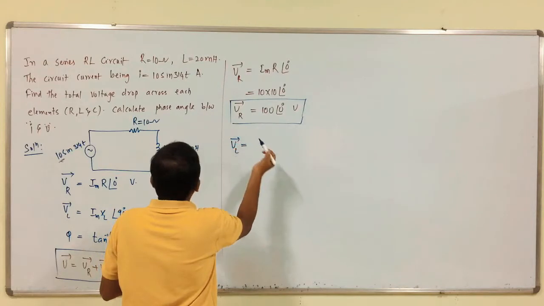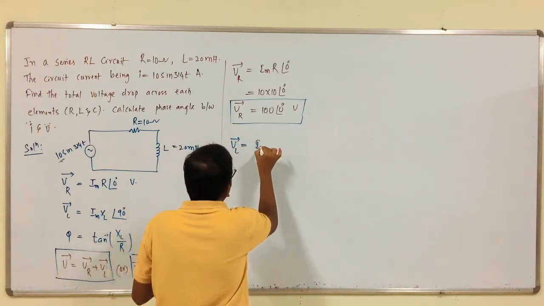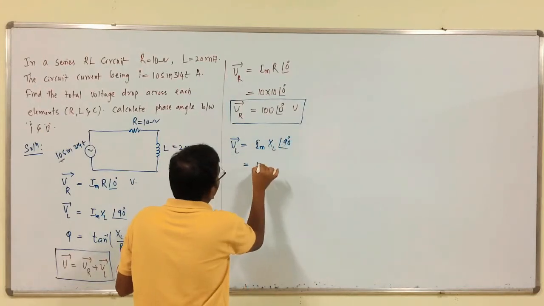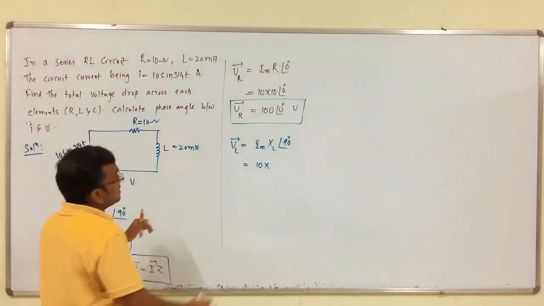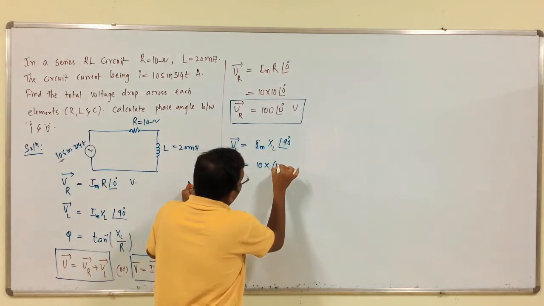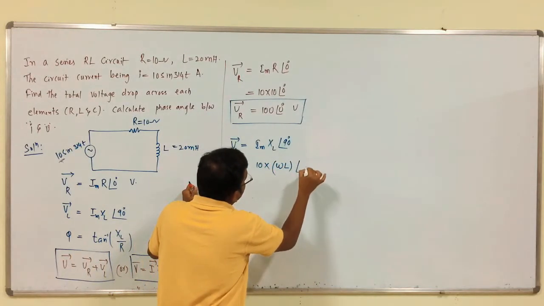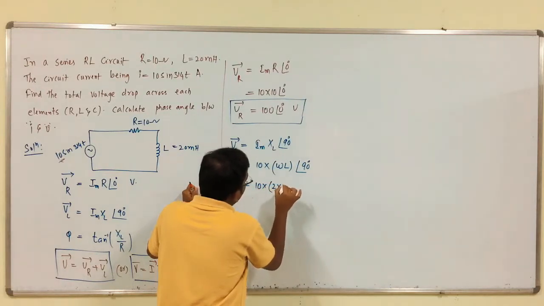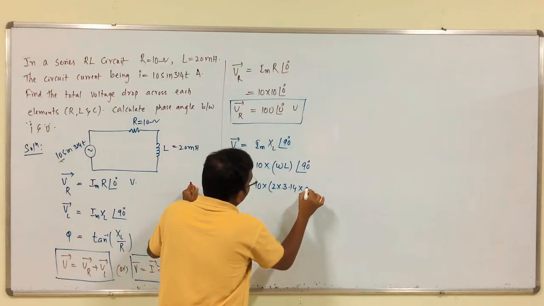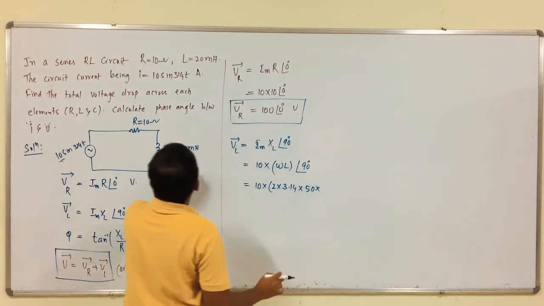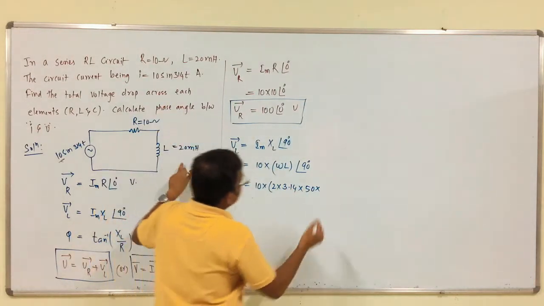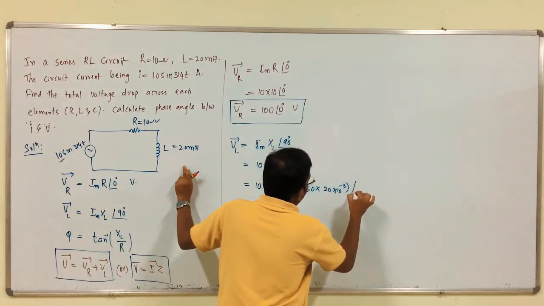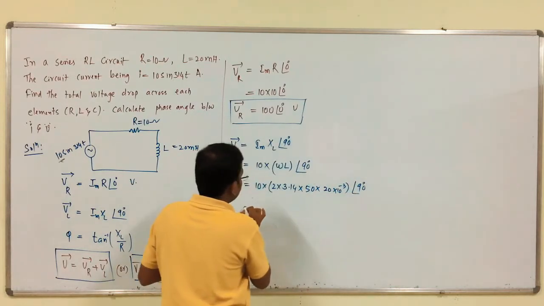Next, VL is equal to Im XL at an angle 90, which is 10 into XL. XL is nothing but omega L, which is 2 pi f L, that is 2 into 3.14 into 50 into 20 into 10 power minus 3, at an angle 90 degrees.